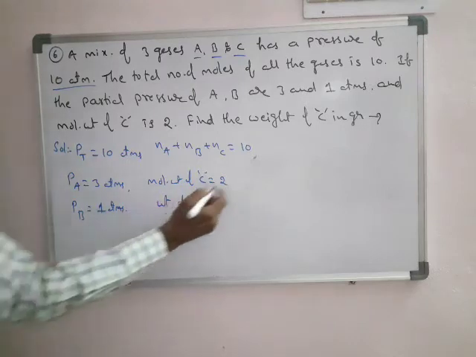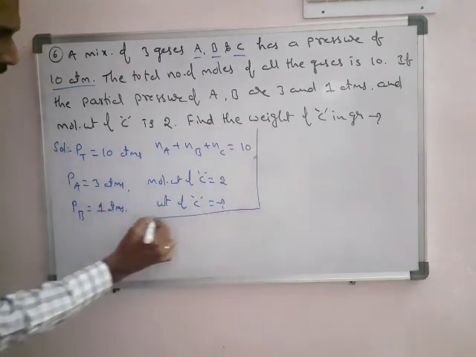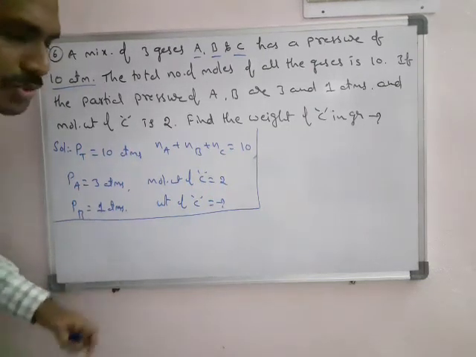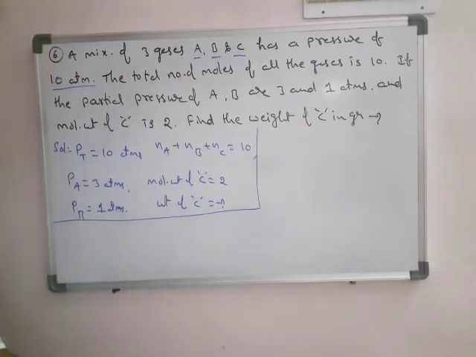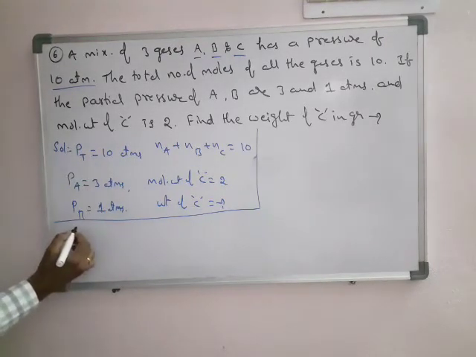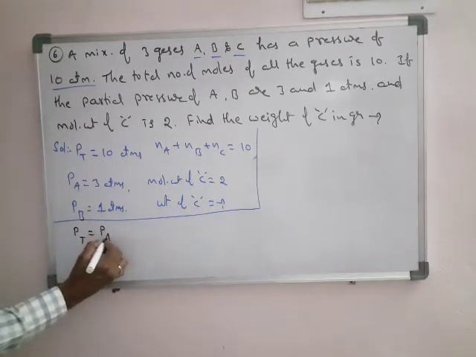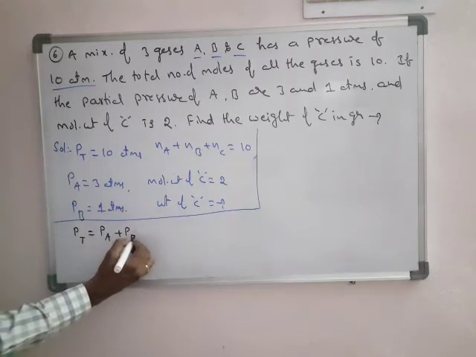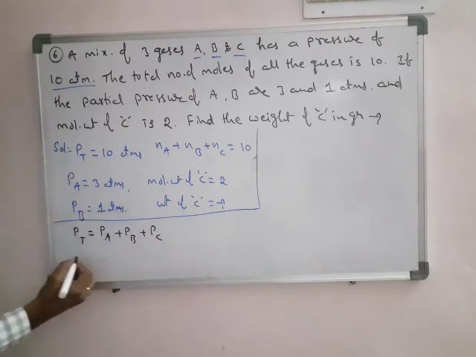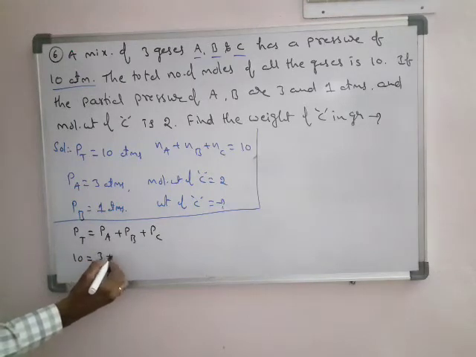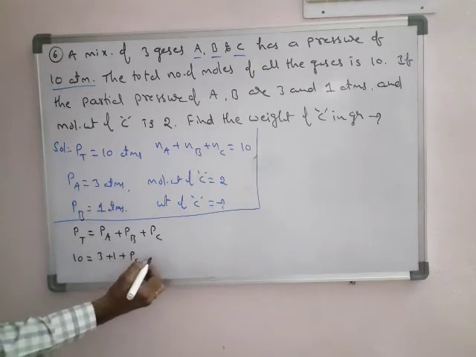So these are the given values. Now we need to identify which formula is useful. With the help of these values, we know that P total is equal to, by Dalton's law, PA plus PB plus PC. So it is given that 10 equals 3 plus 1 plus PC.